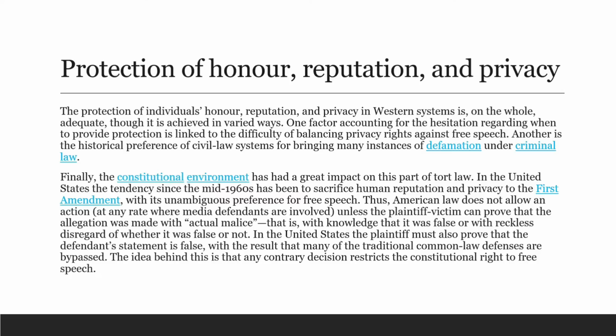In the United States, the plaintiff must also prove that the defendant's statements are false, with the result that many of the traditional common law defenses are bypassed. The idea behind this is that any contrary decision restricts the constitutional right to free speech.